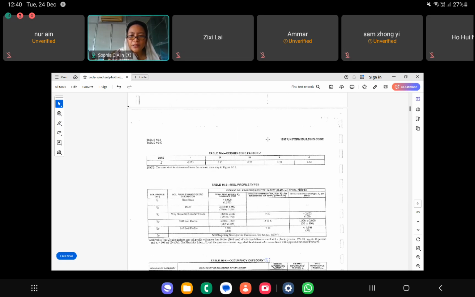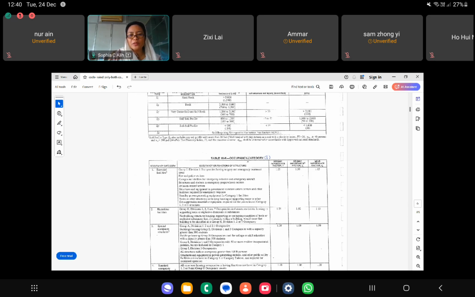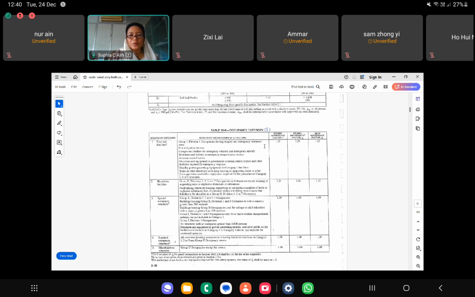Another one is what we call the importance factor, table 16K. This is the importance factor you can use for essential facilities, hazardous facilities, special occupancy or standard occupancy. It gives you differences in the additional safety factor that you can add to your design calculation.